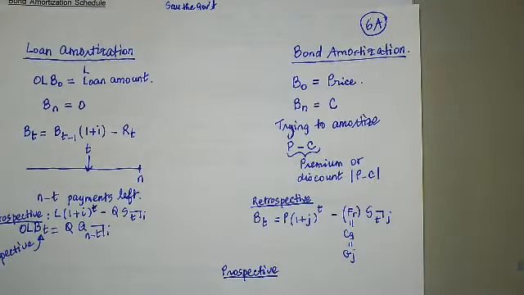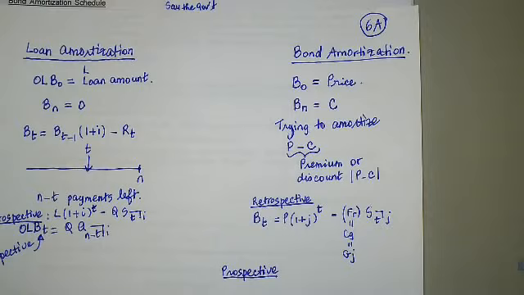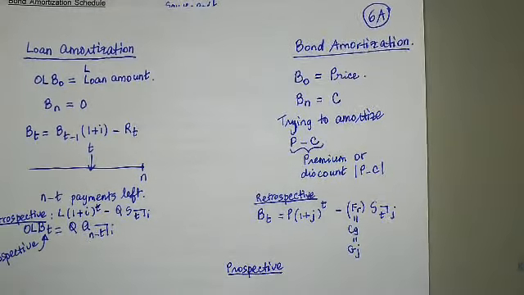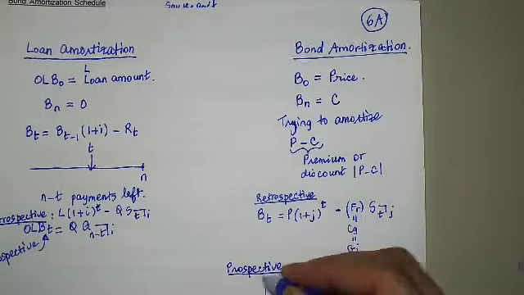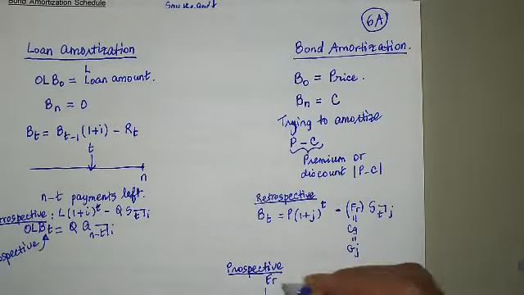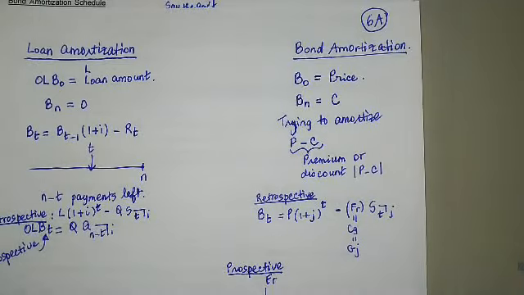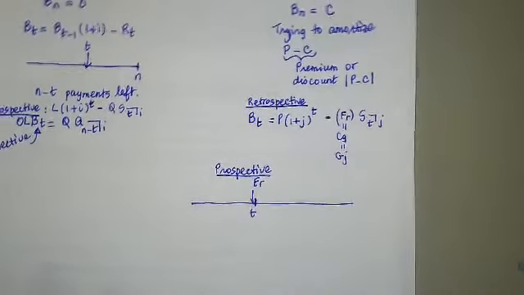Now we do prospective. What's left to be paid? What is left to be paid? Can I draw a timeline? Would that help you? Here. I'm standing at time t.